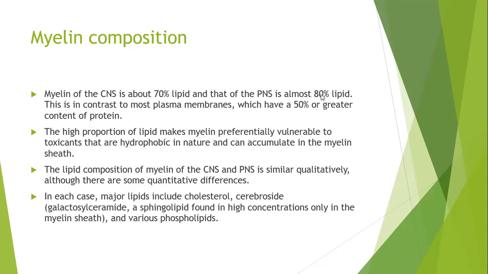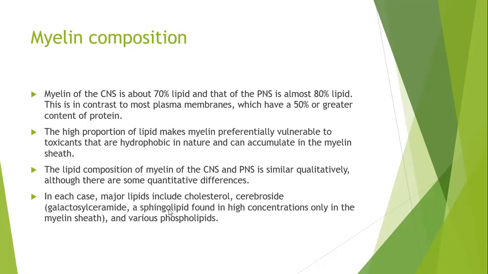You can have a modification whereby these lipids are not just simply fatty acid chains, they may have additional components. So we have things like cholesterol, cerebroside. You can have an addition of a glucose unit forming galactoceramide, sphingolipids. All these are different modifications of the lipids.